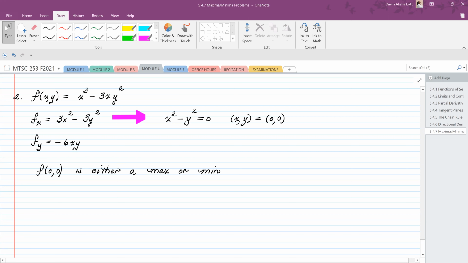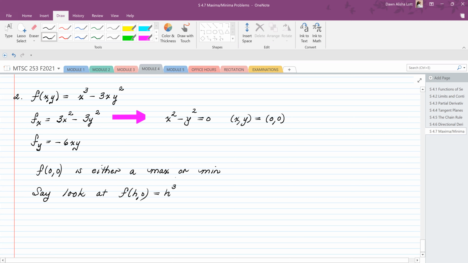So if I look at a point bigger, let's say I let x get bigger. So say I look at f of h, 0, all right? That gives me h cubed.